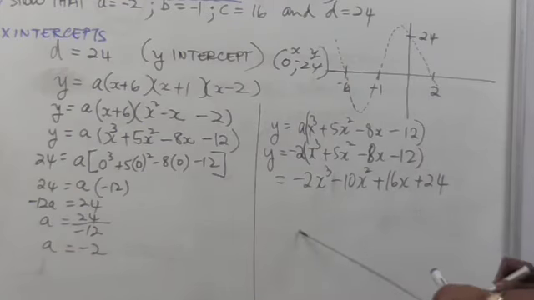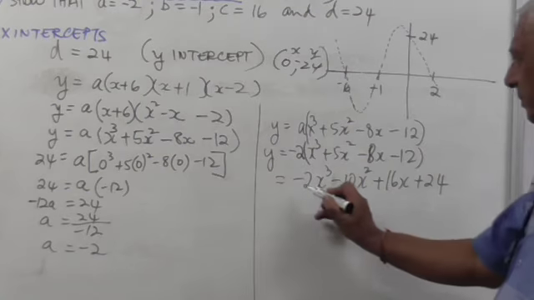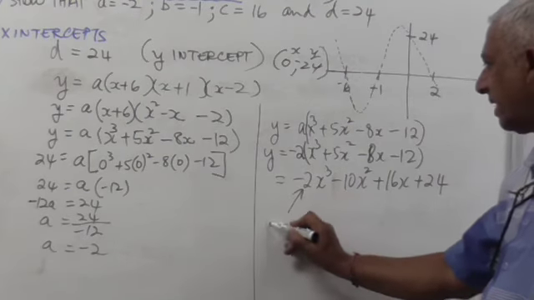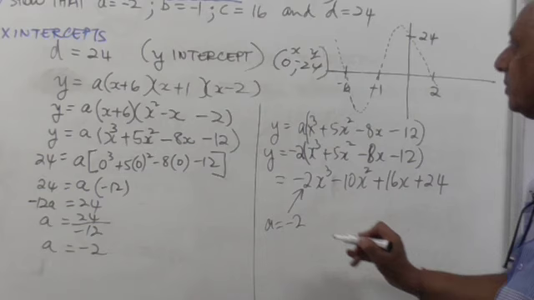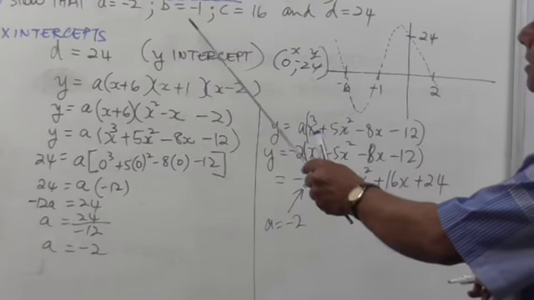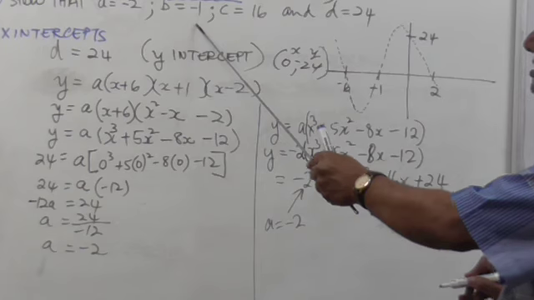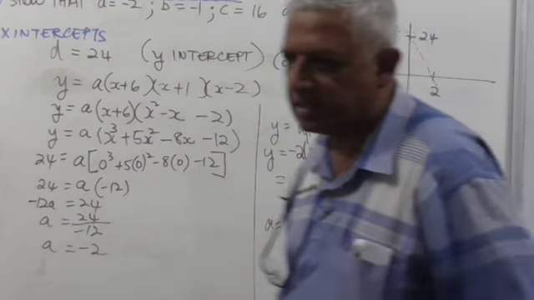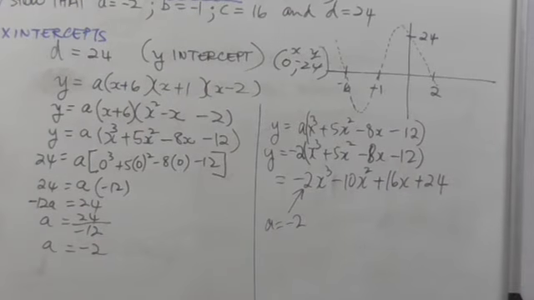Now let's see if we are satisfying them. There's the a. A is minus 2. B. Let me just check the question. What the question said. B is minus 10.